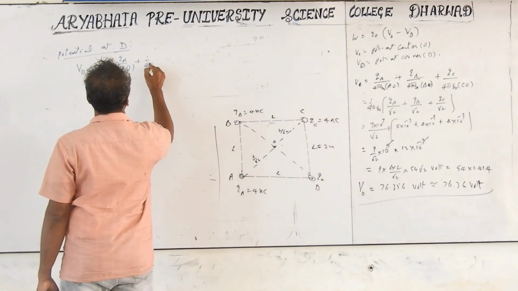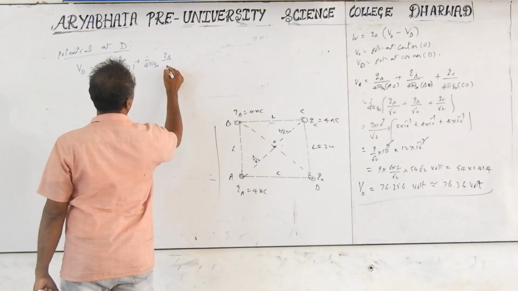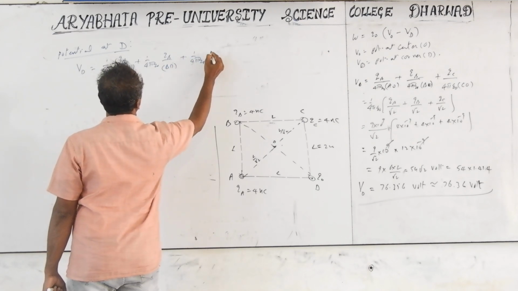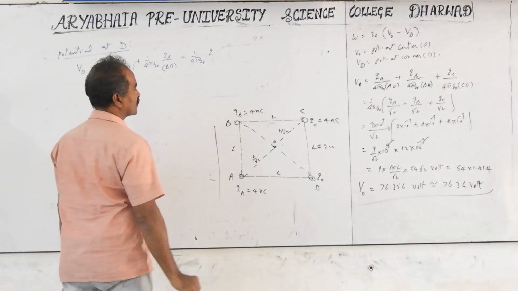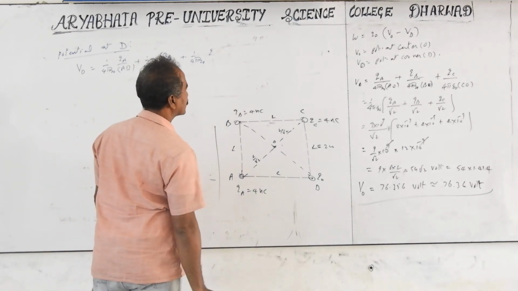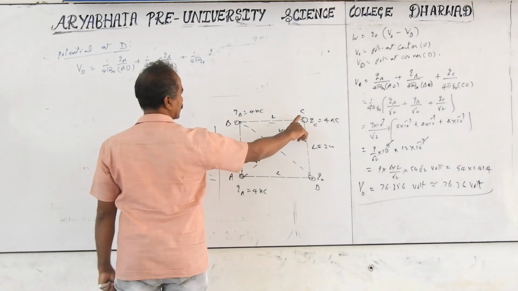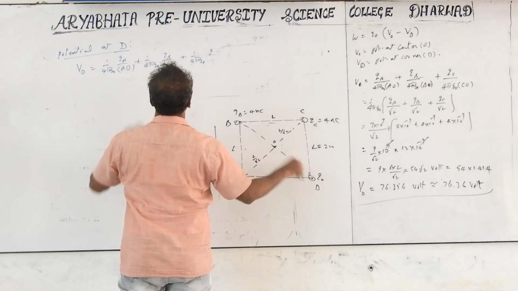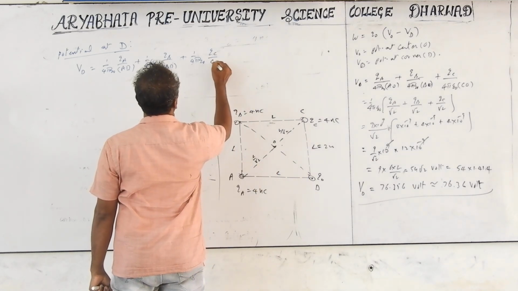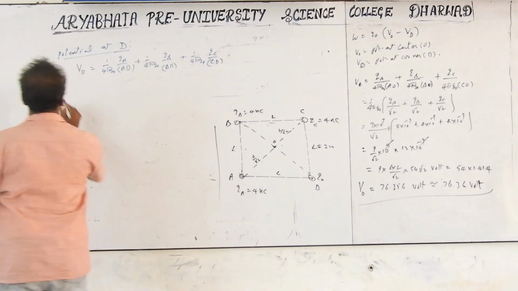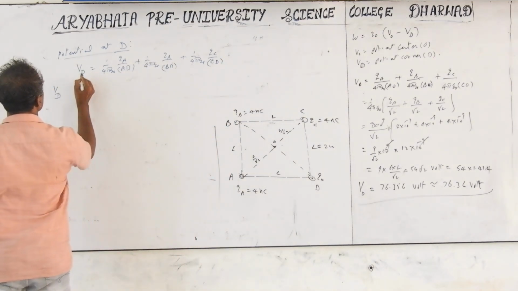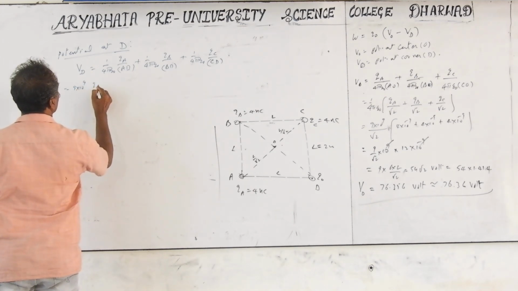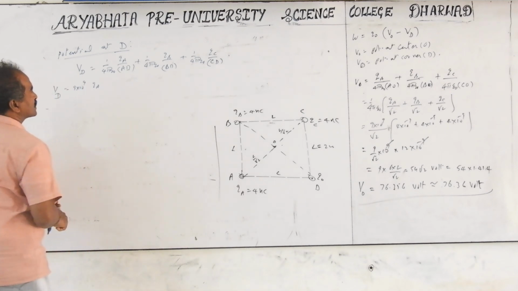Plus 1 by 4 pi epsilon naught into QB by BD, plus 1 by 4 pi epsilon naught into QC by CD, which is equal to 9 into 10 to the power of 9 by QA by AD.